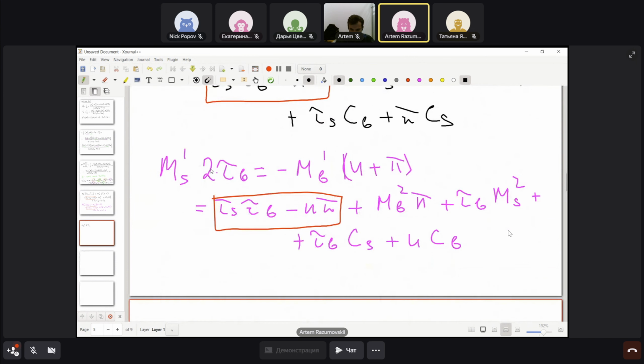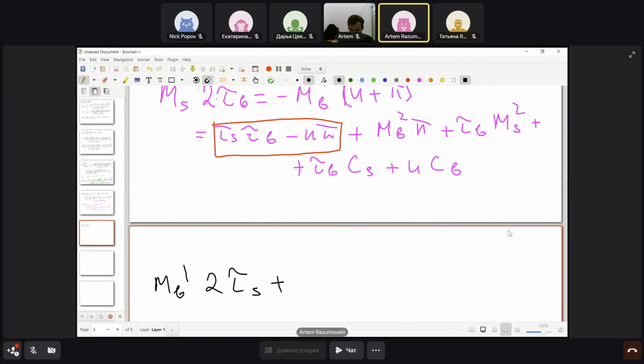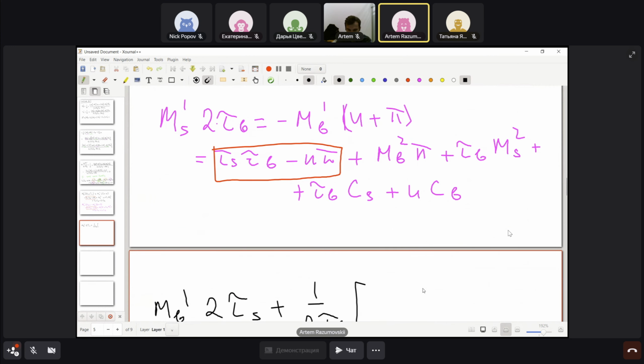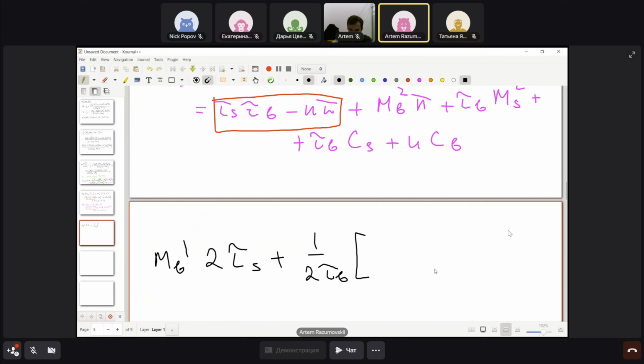Plus what do we have? 1 over 2 tau buyers. Then we have this huge expression. So what is this? Tau S, tau buyers.